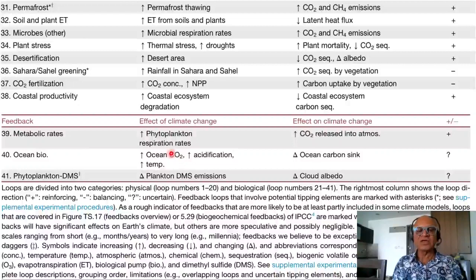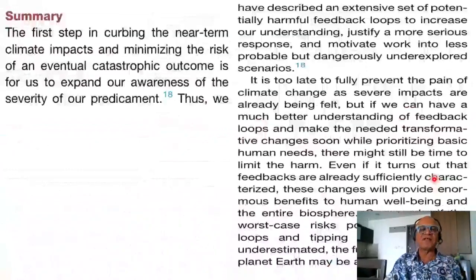Generally it's argued that net ocean uptake will decrease. So how will the net carbon ocean sink change? Ocean carbon sink, questionable. Phytoplankton DMS, dimethyl sulfide, is a cloud condensation nucleus which can change cloud albedo, but we don't know the net effect there either.